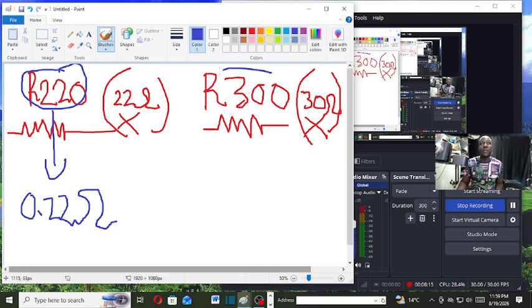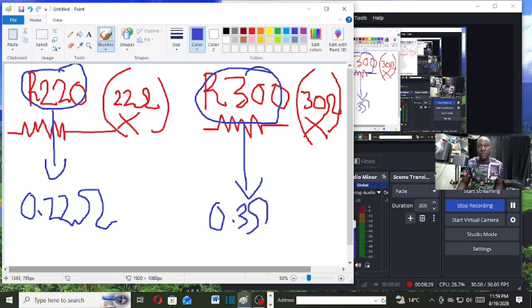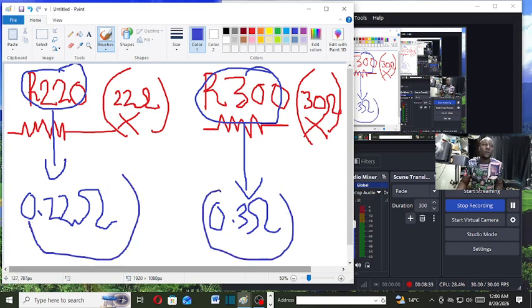And this one, the resistor with marking code R300, is supposed to give us 0.3 ohms. So hopefully everyone understands.